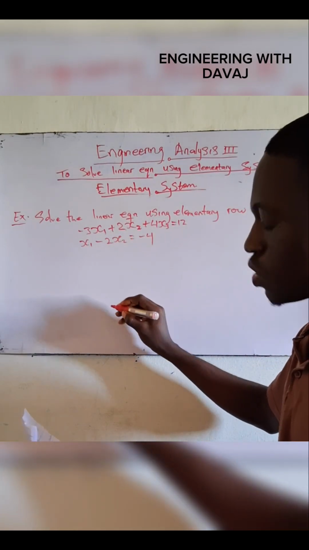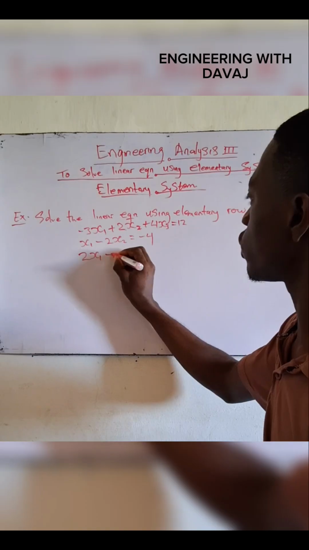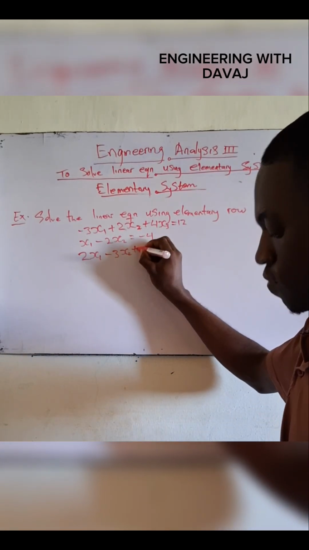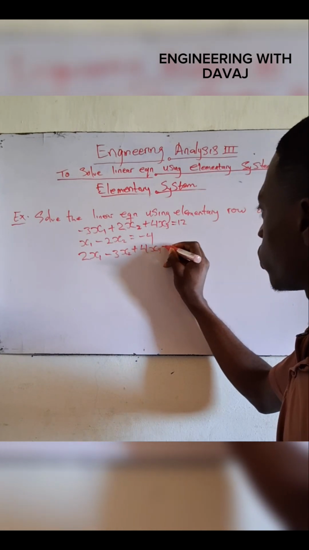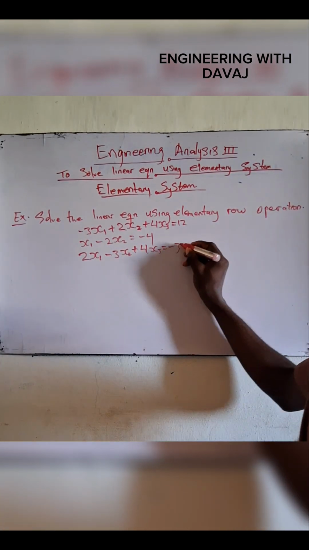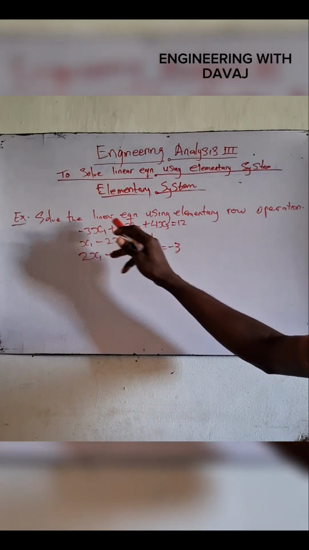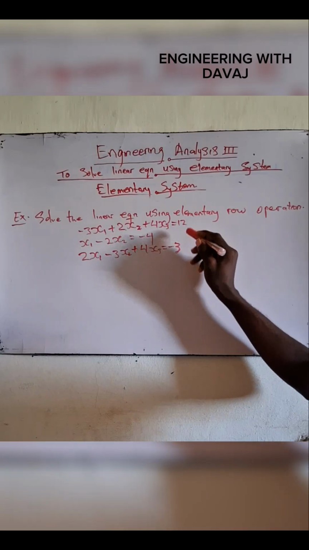And I have 2x1 minus 3x2 plus 4x3 equals minus 3. So he said I should solve the linear equation using the elementary row operation. These are the linear equations.